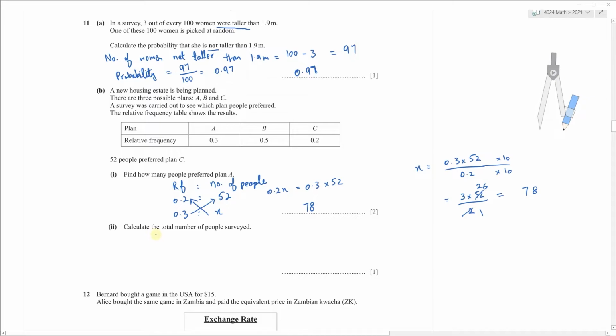Part C is calculate the total number of people surveyed. So we know that relative frequency, let's use the relative frequency of C since this is given in the question.